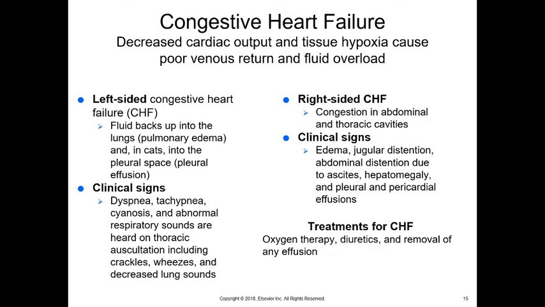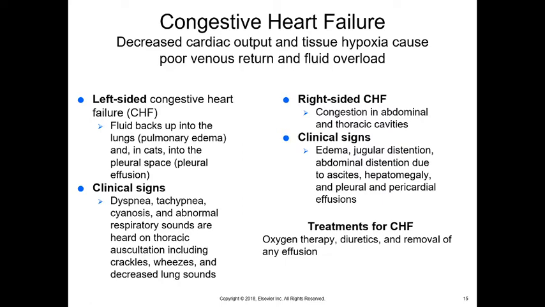And when we have decreased blood through the heart and out of the heart, we have tissue hypoxia. Tissue hypoxia means we have decreased oxygen to the tissues, which damages and kills the tissues. So this causes a poor venous return and fluid overload, which means if the pump is not pumping, then you're going to get a traffic jam behind the pump.